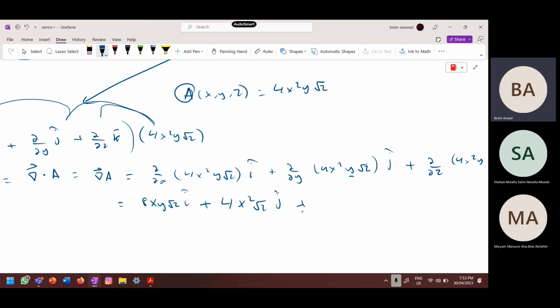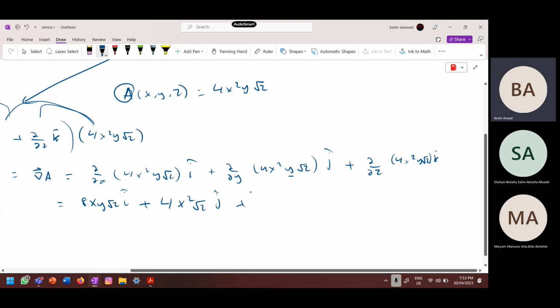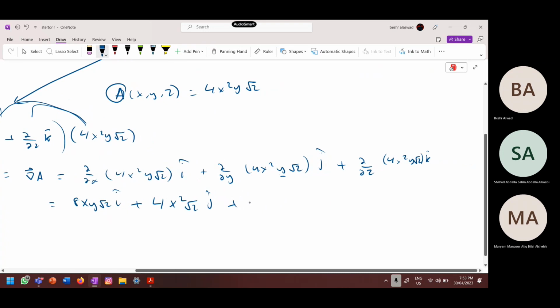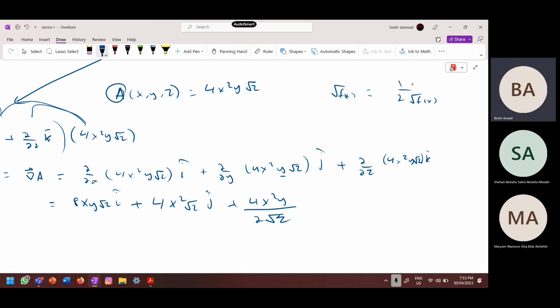plus, sorry, 4x squared y over 2 square root of z. Remember that the derivative of a square root function is equal to, okay, actually this one is f prime, and not f of x, maybe f of any variable, it doesn't matter.